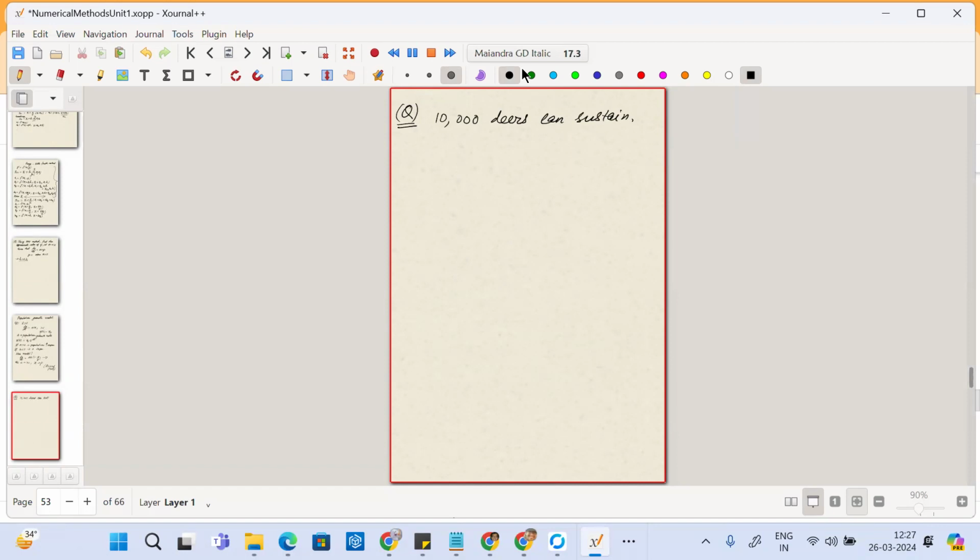And currently the deer population is around 2,000, but the maximum it can sustain is 10,000. So the idea is to predict the population variation of the deers for the next 20 years.